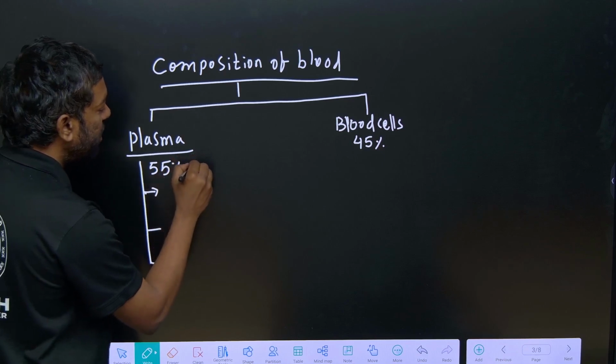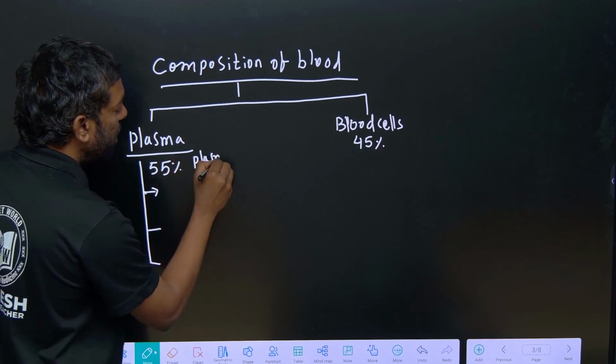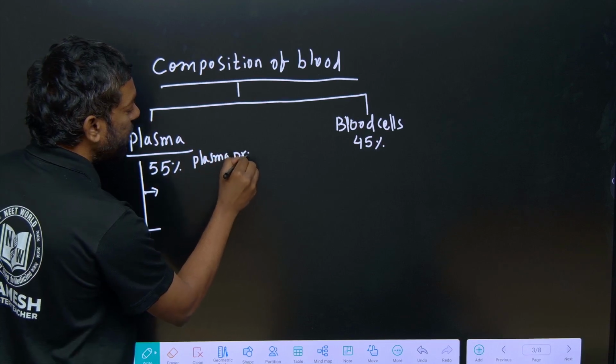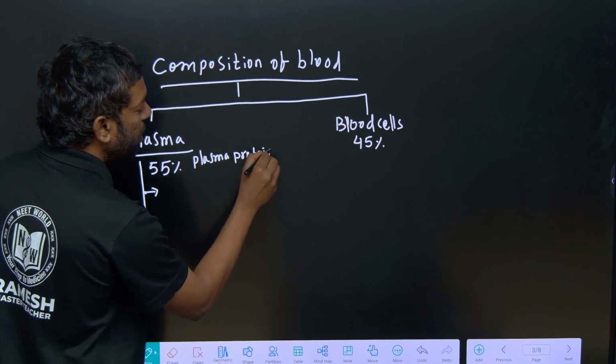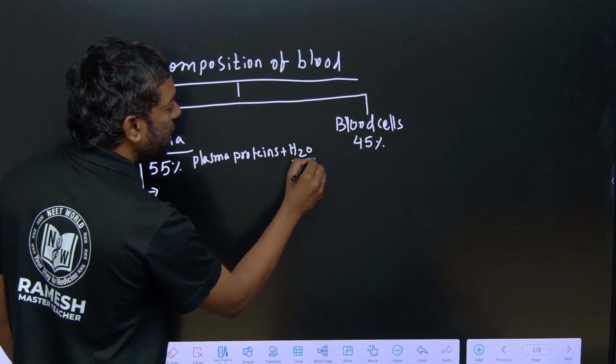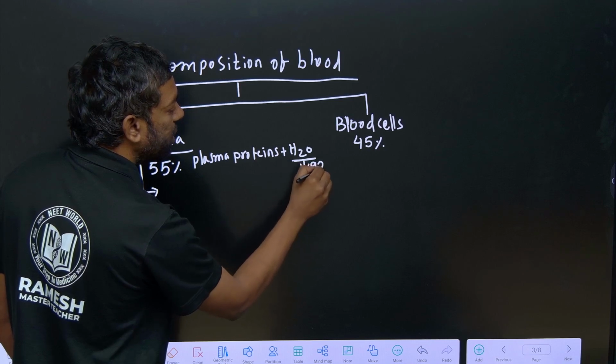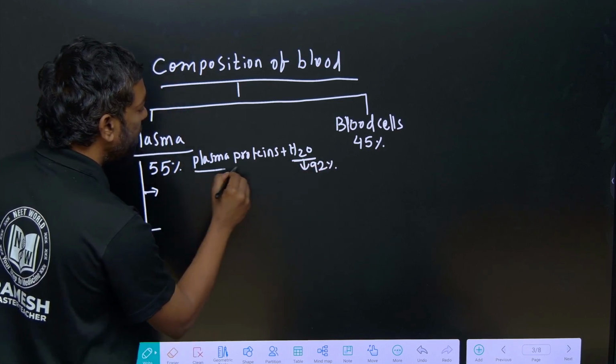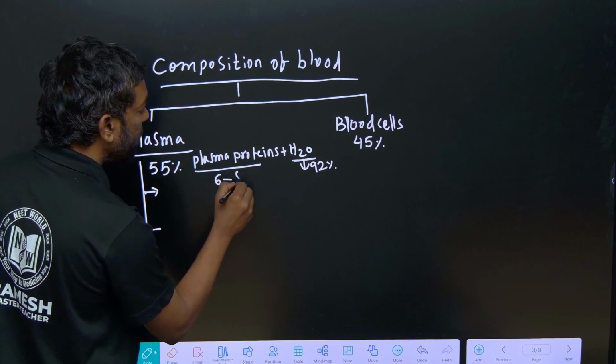Water is about 92%, and plasma proteins about 6 to 8%.